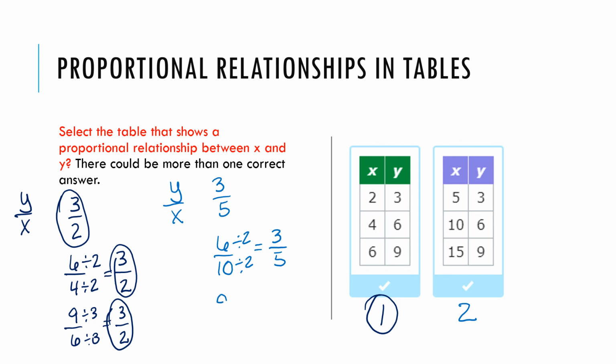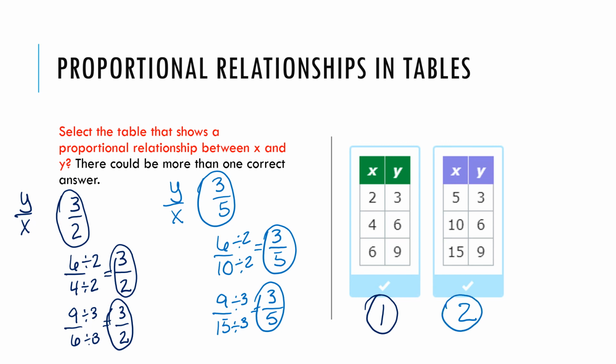And then we have 9 over 15, and both of those numbers are divisible by 3. 9 divided by 3 is 3, and 15 divided by 3 is 5. So we end up with 3/5 every time. So that means that table 2 also represents a proportional relationship.